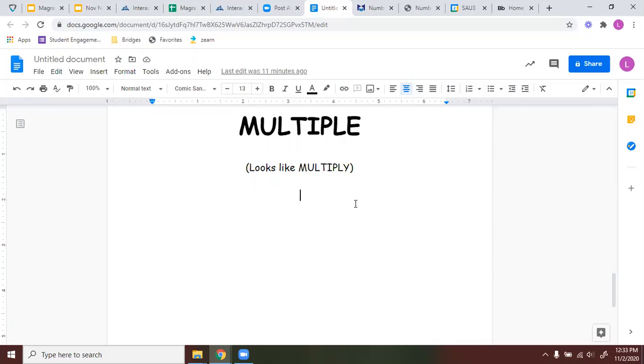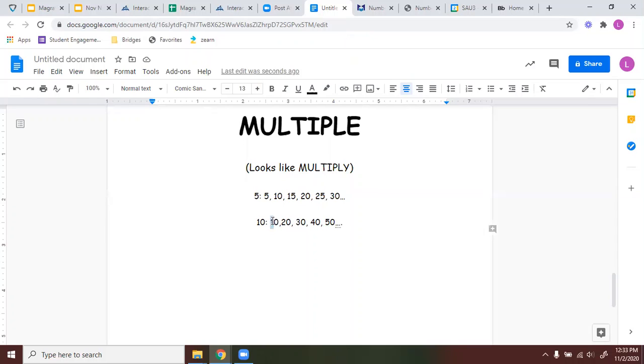If I take the number 5, for example, multiples of 5 are the numbers that you would be skip counting by, just like what's on our number line. So 5, 10, 15, 20, 25, 30, and so on. Those are multiples of 5. Multiples of 10 would be 10, 20, 30, 40, 50, and so on. So they're the numbers you would skip count by, or that you would be multiplying by.